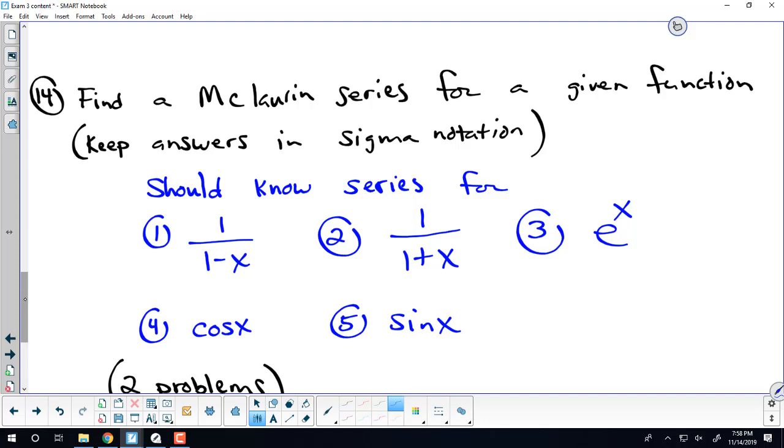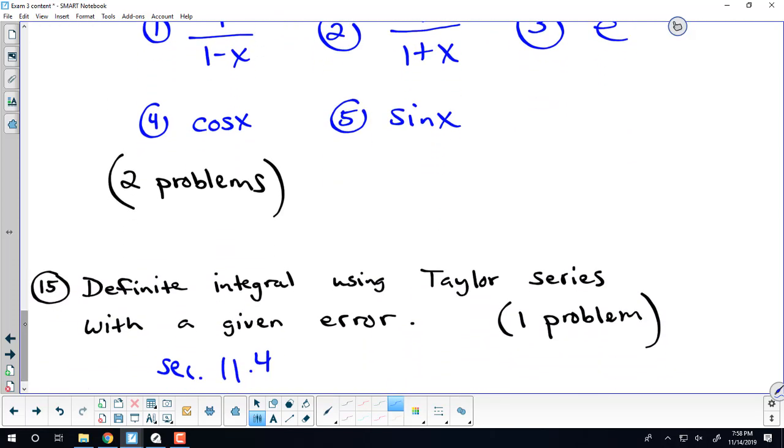Can you run through sigma notation? Sigma notation? Yeah, so if we know this one here, like if you know that 1 over 1 minus x is 1 plus x plus x squared and so on, equivalently know that it's this summation.